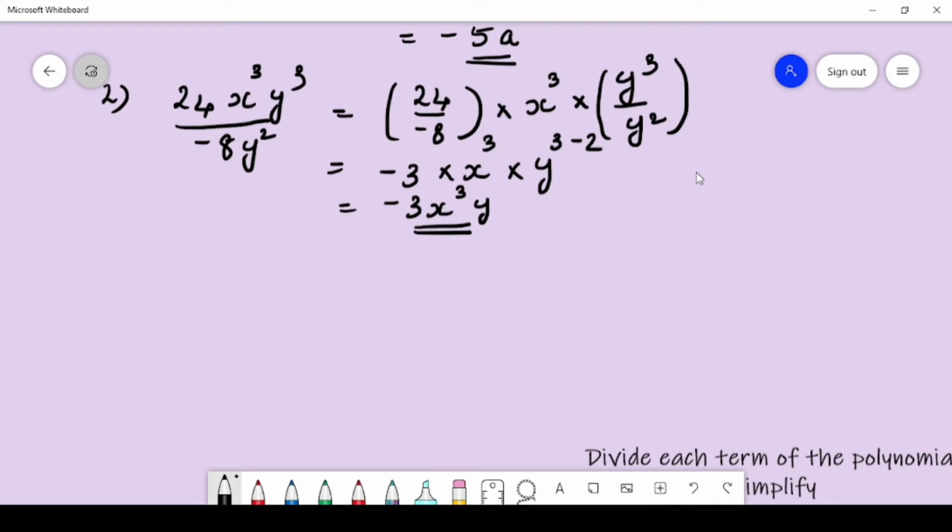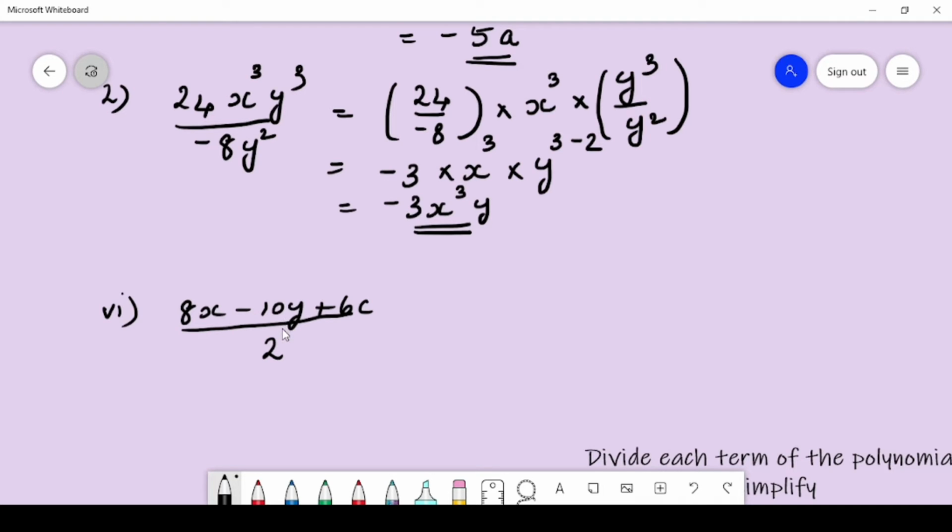Now next we will move to the sixth question from the exercise. The sixth question is given as 8x minus 10y plus 6c, which we have to divide by 2, isn't it? Here you can see 3 terms are there.